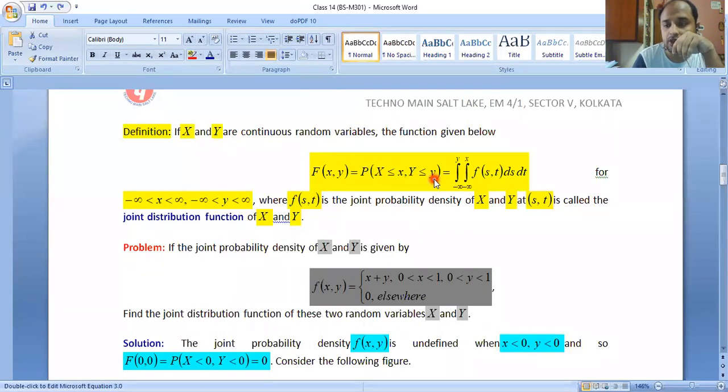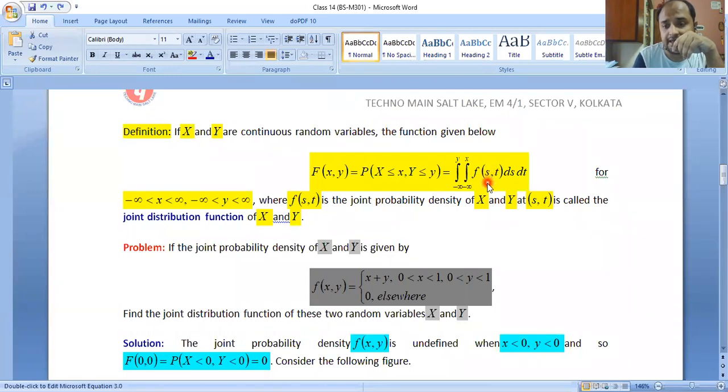So this is called the joint probability. And if I write it in terms of integration, it means integration where y ranges from minus infinity to y, and x ranges from minus infinity to x.